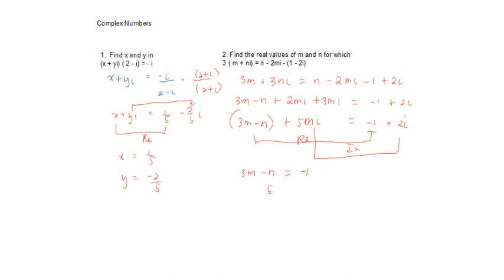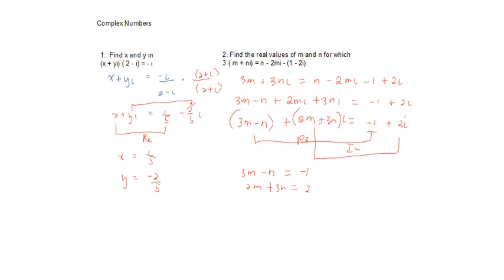Okay, let me go back to this one. I think I made a wrong solution here. This is 3n, sorry. I thought that's m. So we shall have 2m plus 3n i. Okay, so they are the same. This is our imaginary part. So we say that our 2m plus 3n equals 2.